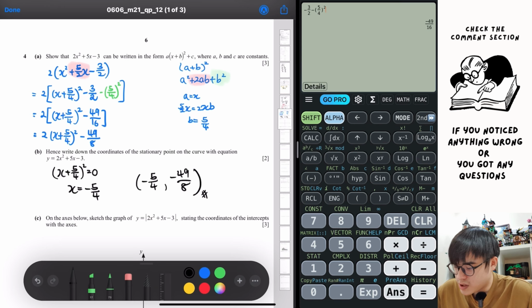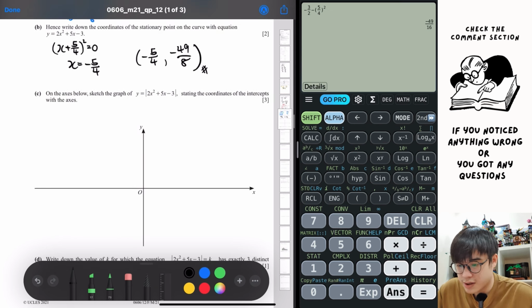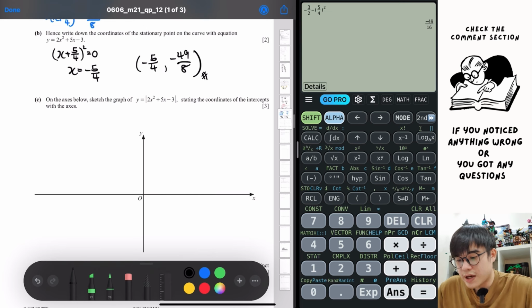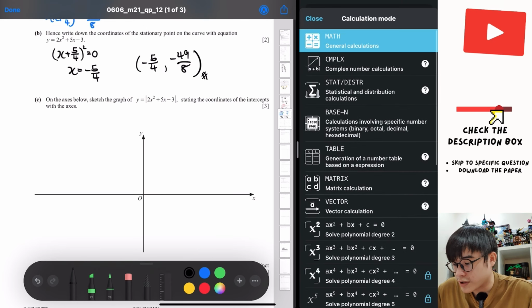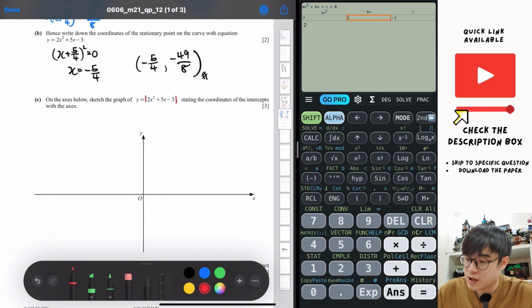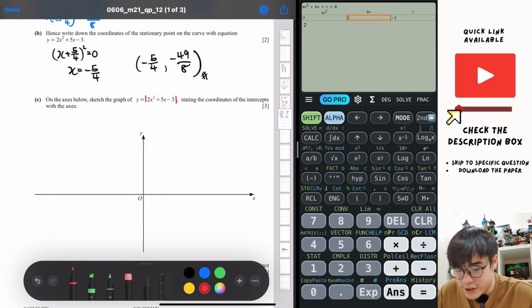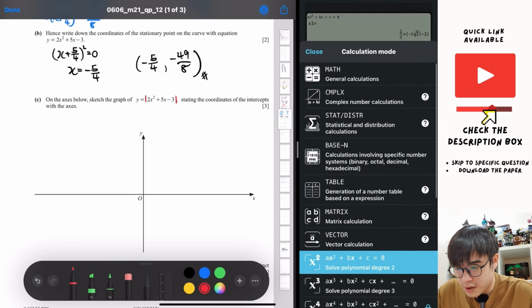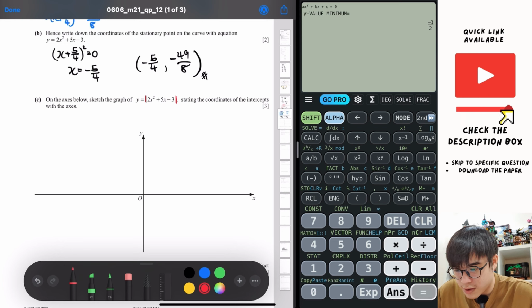So they asked us to sketch it out. Okay, interesting. So again, I'm gonna do the quadratic first. If you look closely, you'll notice there's a modulus. I will explain this later. So try to always solve whatever you can. Okay, let's key in again, make sure everything is correct.